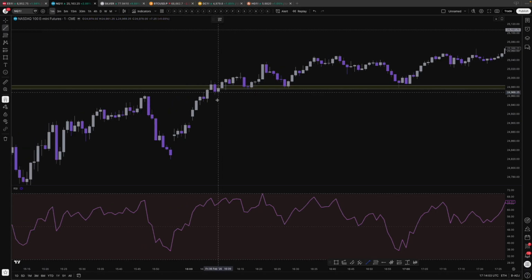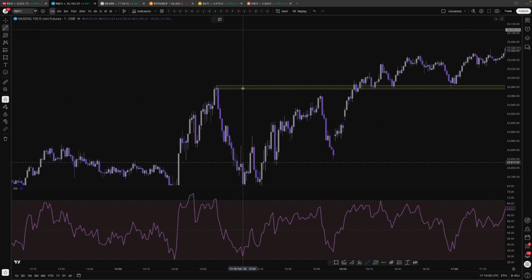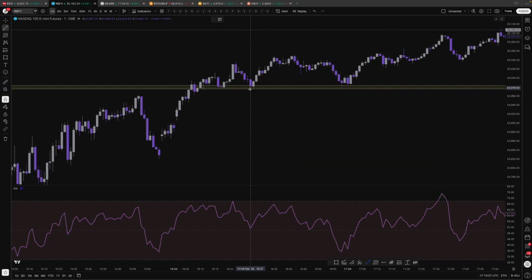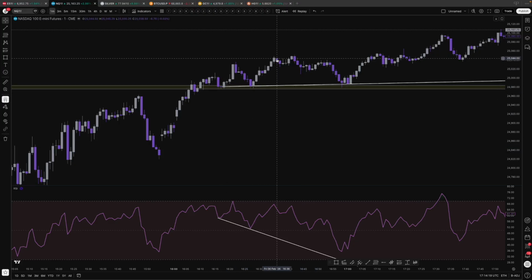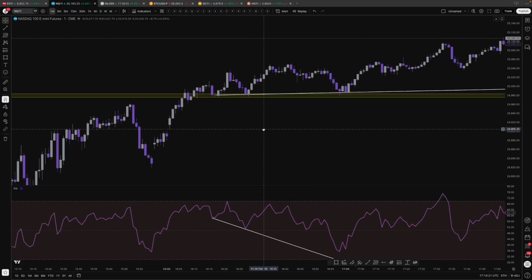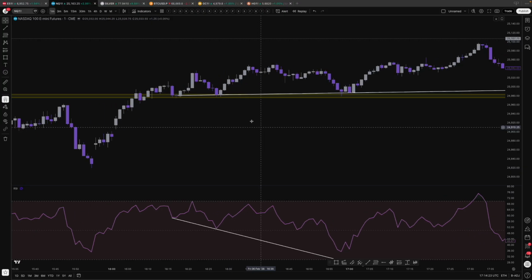Okay, and we're on a high here. So we do have market structure to support us. And we obviously have some hidden divergences here, right? Which would give us the idea that we're going to continue up, all right? So can you trade this? Yeah, you can. All right.